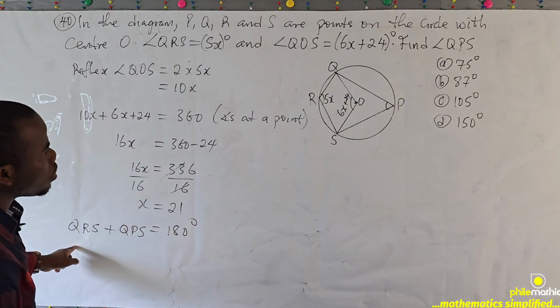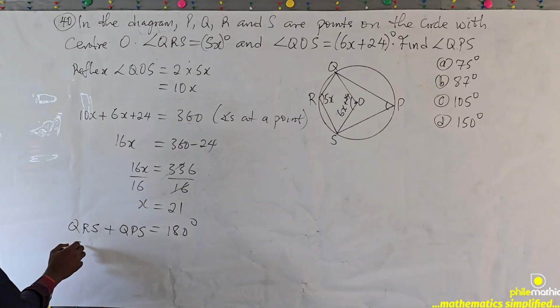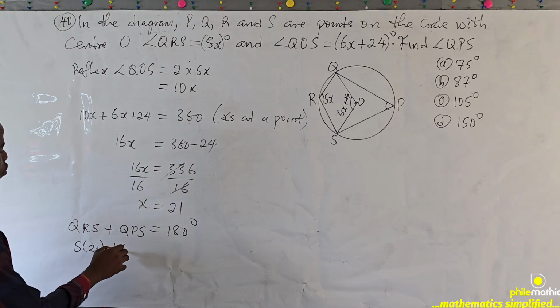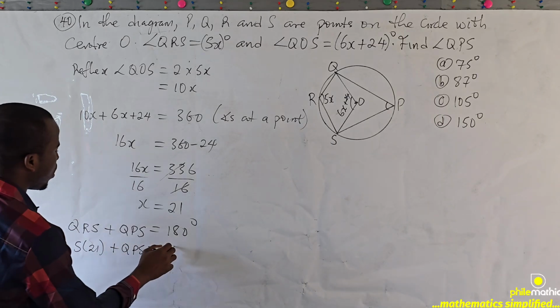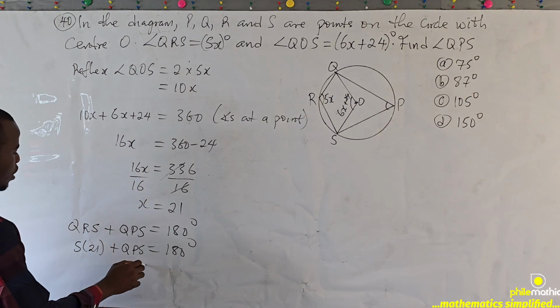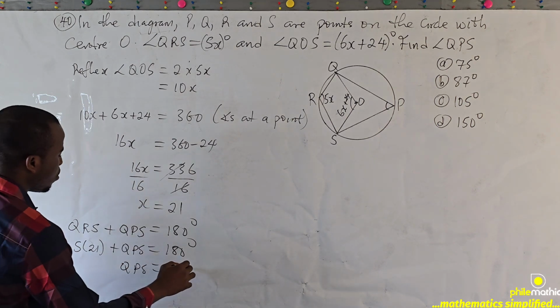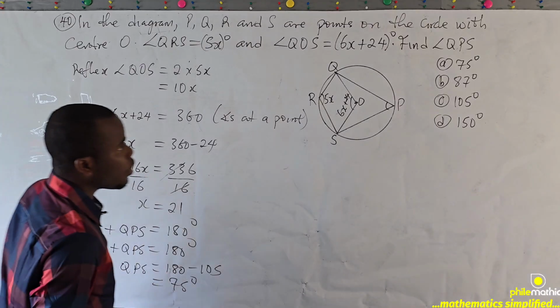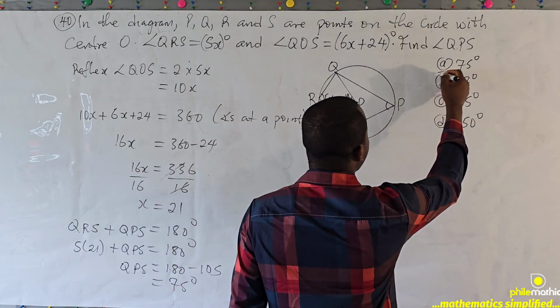And QRS we have gotten as 5x, which is 5 times 21, that is 105. QPS is what we are looking for, so QPS is 180 minus 105. This will give you 75 degrees. And the correct option is A.